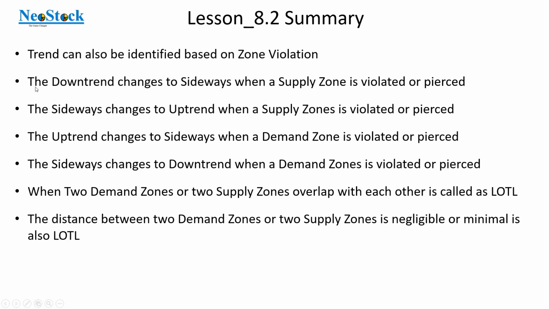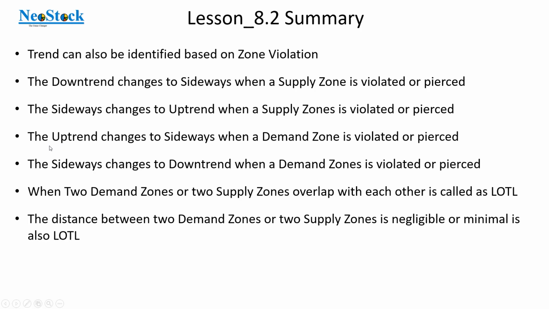How can you calculate? Suppose the current trend is a downtrend. The downtrend changes to the sideways trend when a supply zone is violated, and the sideways trend changes to an uptrend when the next supply zone is violated or pierced. Pierced is also the same as a zone violation, but there are other concepts related to pierced zones you will be learning in lesson 28.